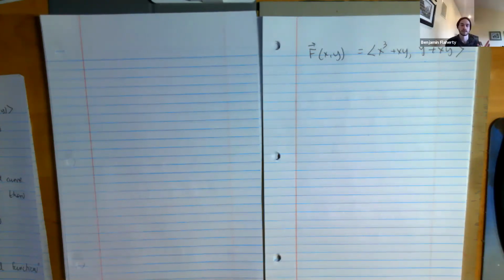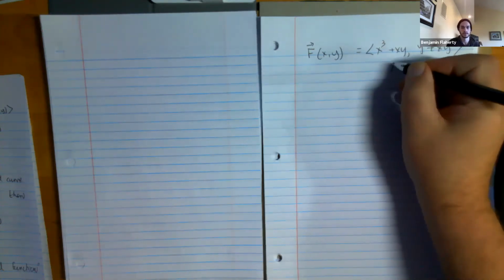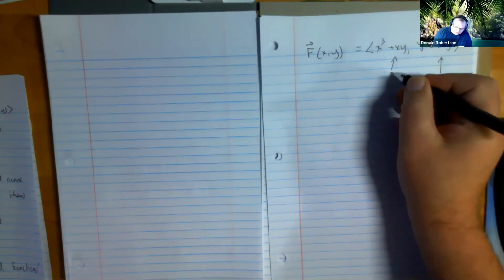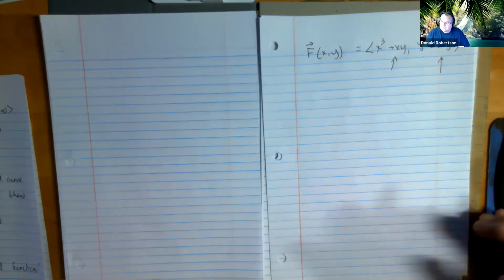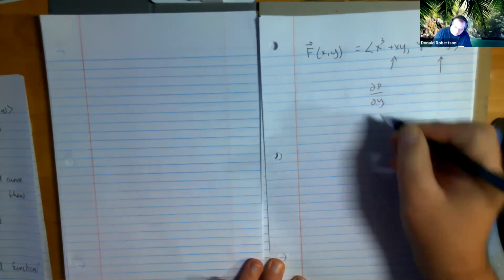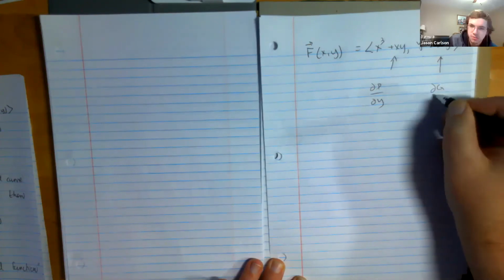You have an X and a Y on both sides that are separate from the group, and then the group that is combined has equal amounts of both X and Y. So what do you differentiate this with to check that it is a conservative field? Respect to Y and then respect to X.